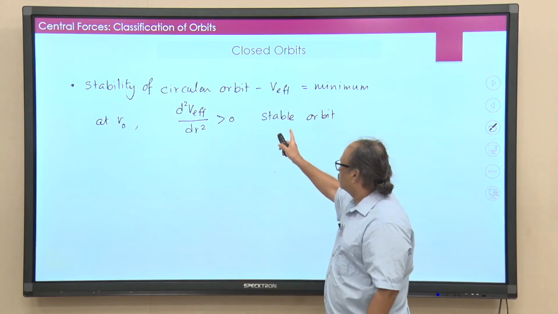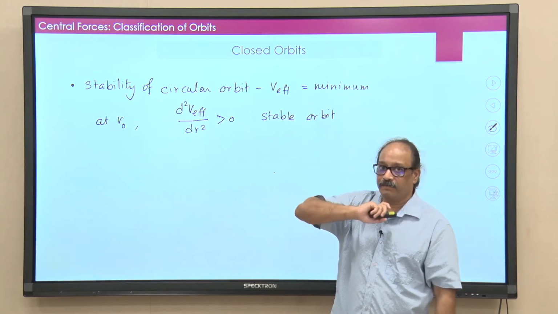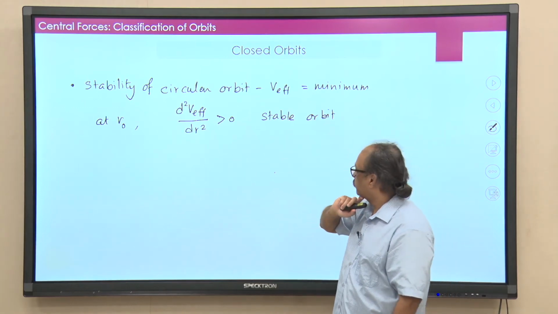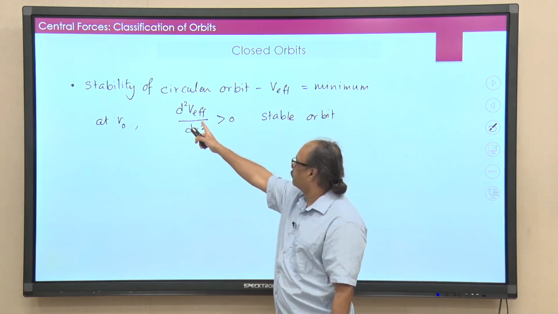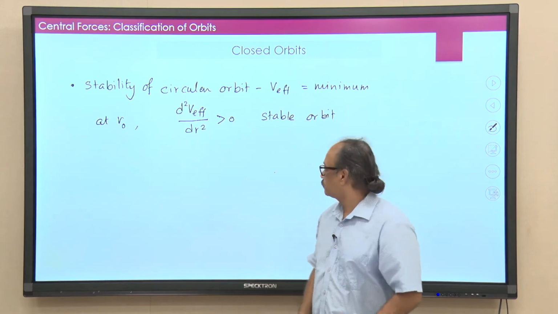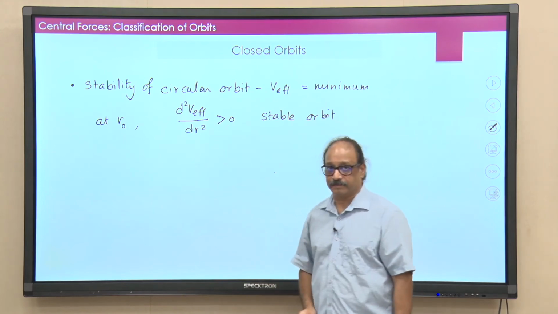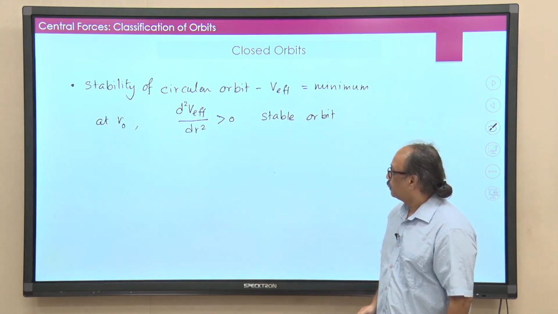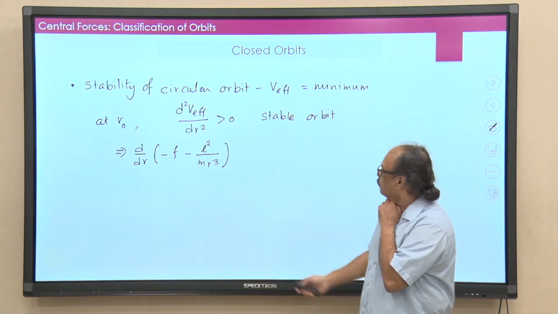So, the orbits are stable if V effective has a minimum, and when we say V effective has a minimum, what that means is that the second derivative must be greater than 0 there. Okay. Fine. Now, calculate this.